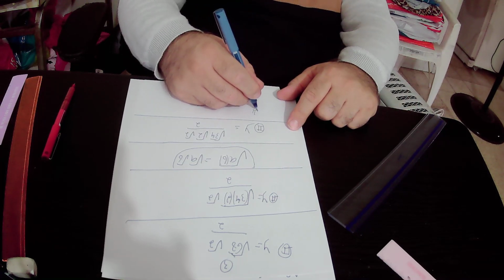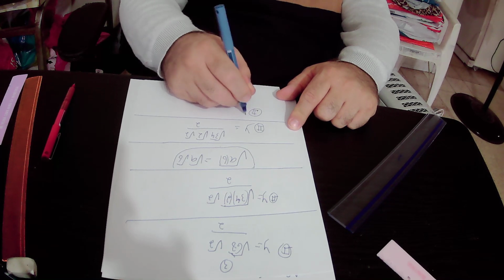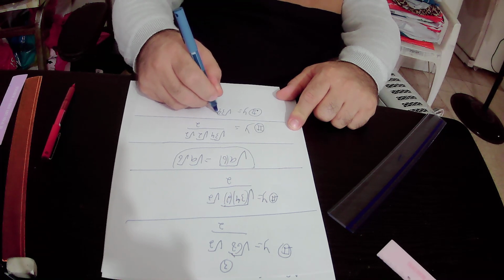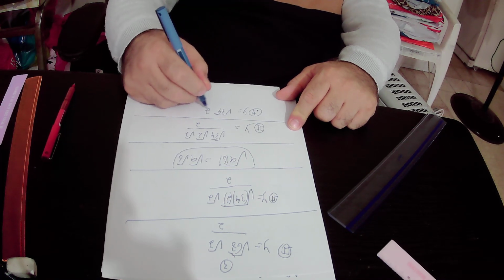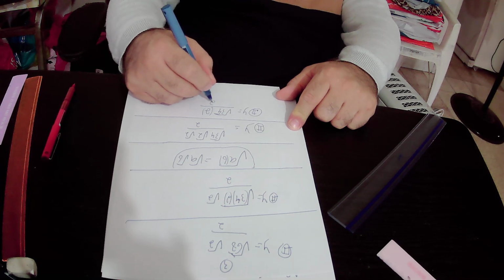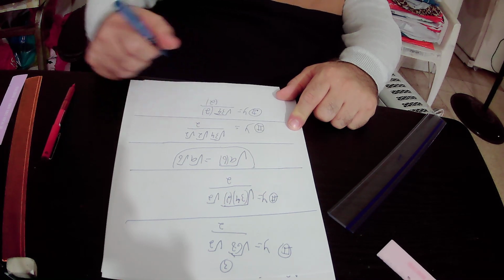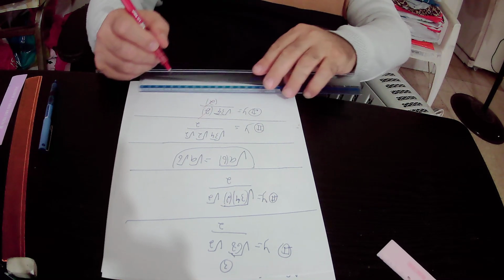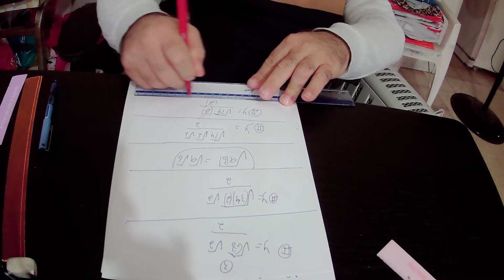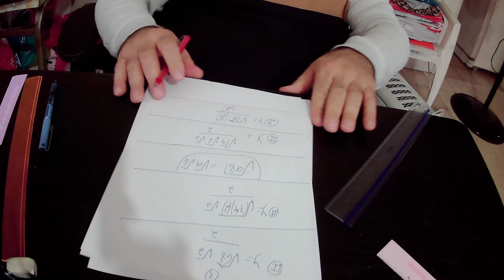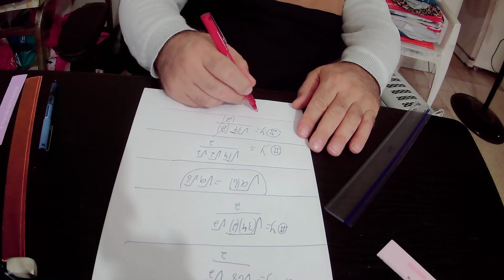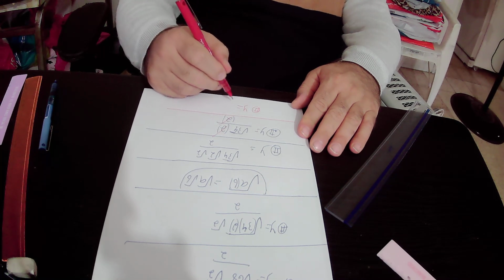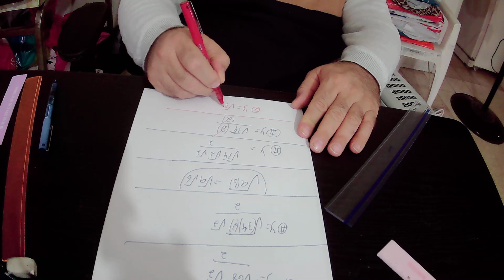So y according to equation number 2 equals the square root of 34 and square root of 2 times square root of 2 is 2 over 2. 2 over 2 is 1, so the 2 will get cancelled, and we found out that y equals the square root of 34 units.